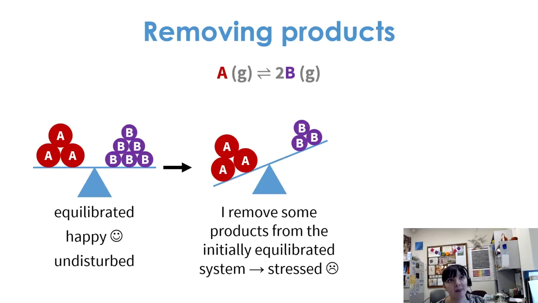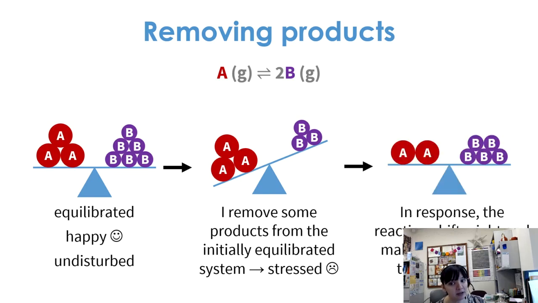As we saw before, this imbalance is going to cause a shift to the right, in order to balance things out again. Basically what we're going to see is the reaction responding by producing more products and using up some of the reactants. What that does is it fills in the gap that was left by removing the products. Basically, if a stressor comes in and removes products, the equilibrium responds by making more products and shifting right.